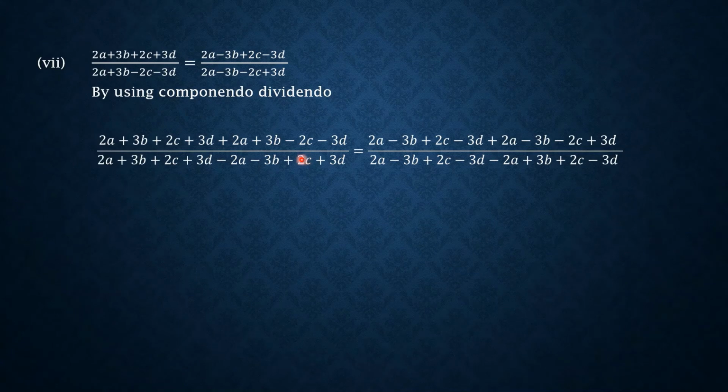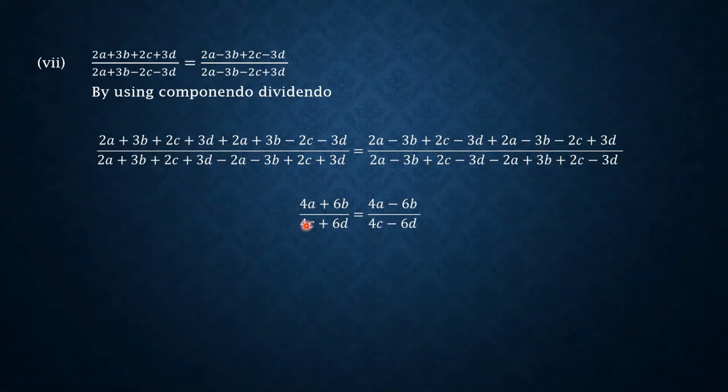Now look that we have to cancel all those terms which have opposite signs, and the terms containing same sign will be added, and we get 2A plus 2A equal to 4A, and 3B plus 3B equal to 6B, and the term 2C minus 2C and 3D minus 3D will be cancelled in the numerator, and the same case in denominator as 2A minus 2A will be cancelled here, 3B minus 3B will be cancelled, and we will get 2C plus 2C 4C, and 3D plus 3D equal to 6D.